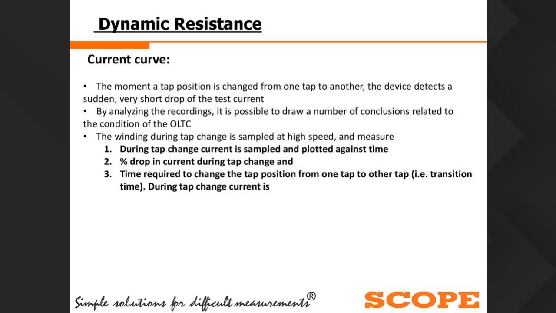If it is above 30%, then we say there is a problem in the diverter switch or selector switch. With the current curve, the winding during tap change is sampled at high speed, and we measure the percentage drop in current during tap change and the time required to change the tap position from one tap to another. That time we call the transition time.